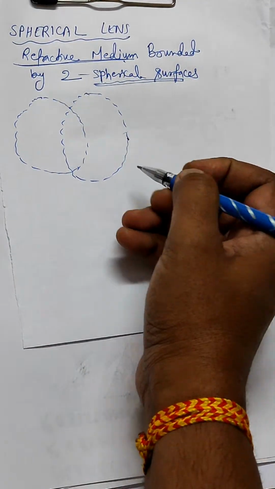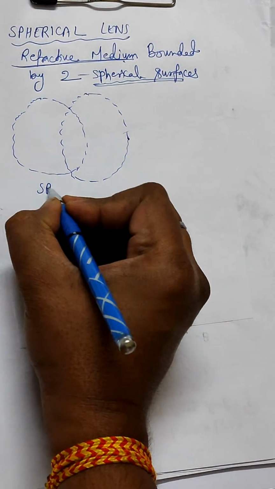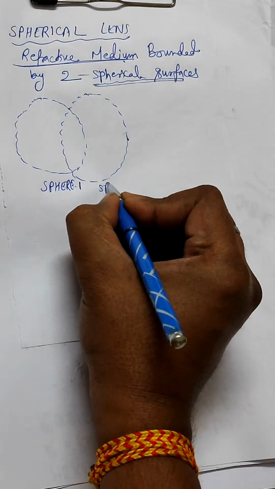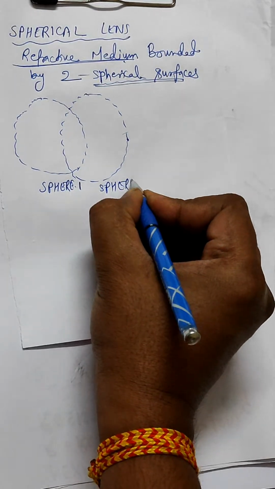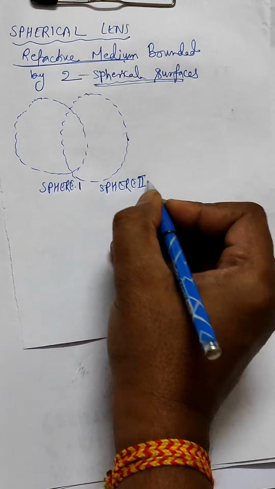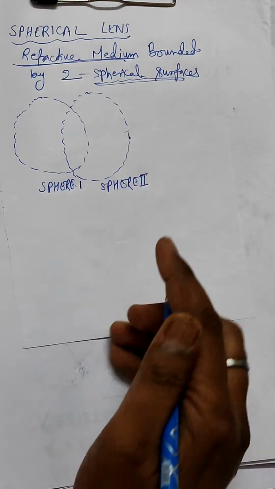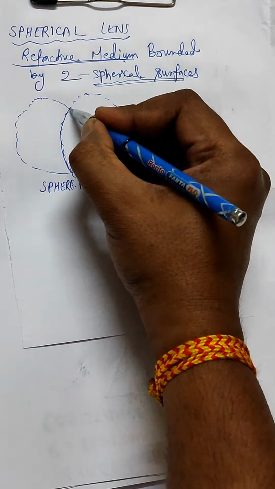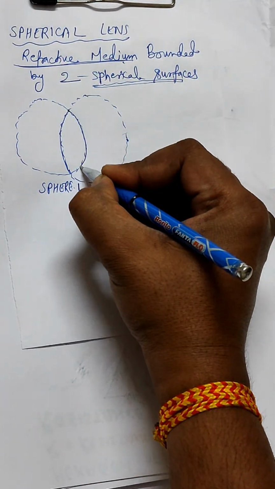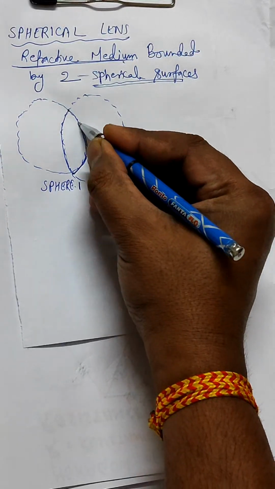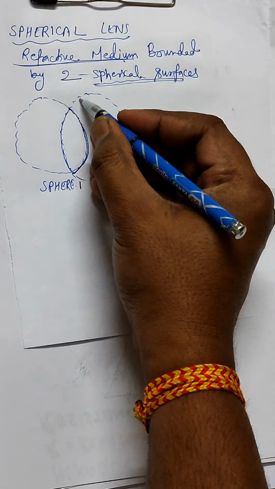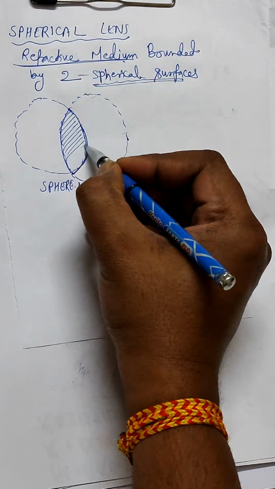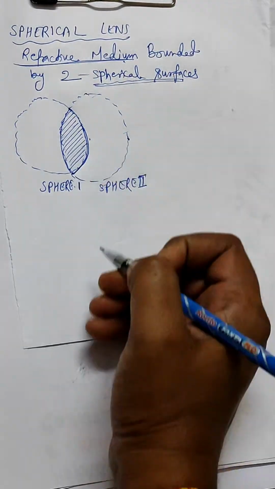This is sphere 1 and this is sphere 2, right? Then you can see the portion of both the spheres which are colliding, they are forming, and you just reduce all the figures above this. Then you can see this is the portion which is available to you, which is bulging outside on both the sides.